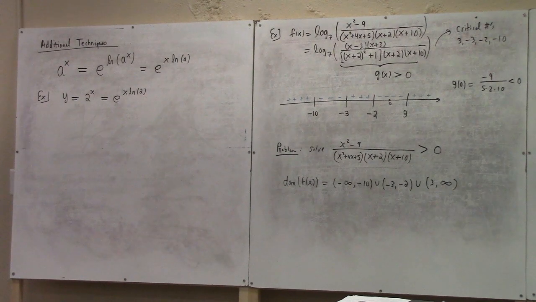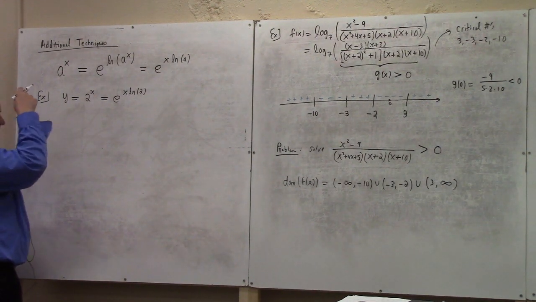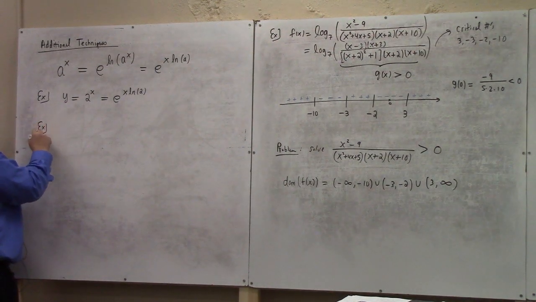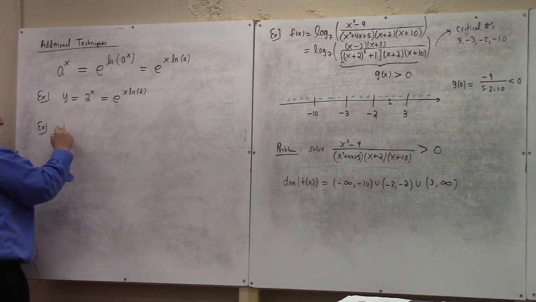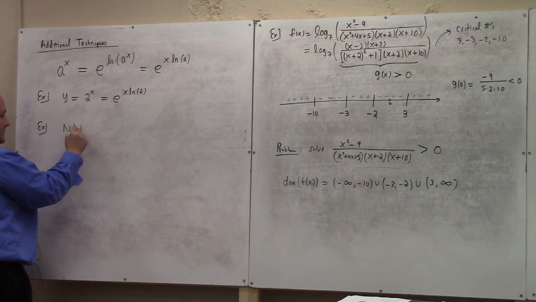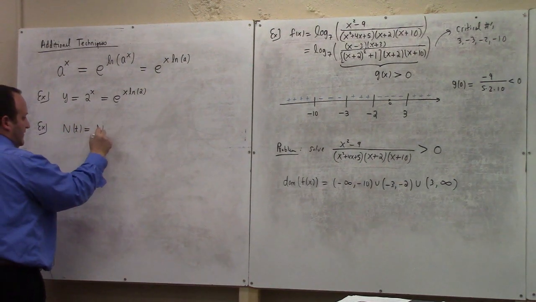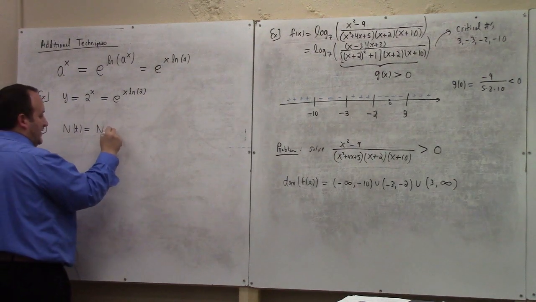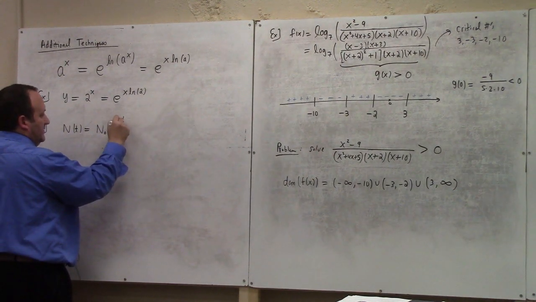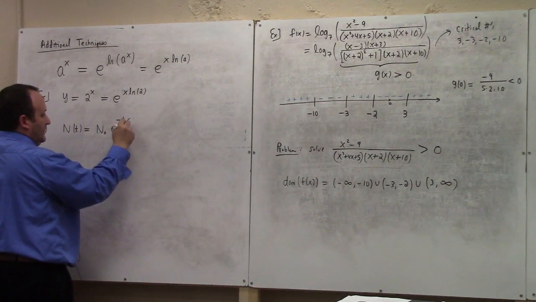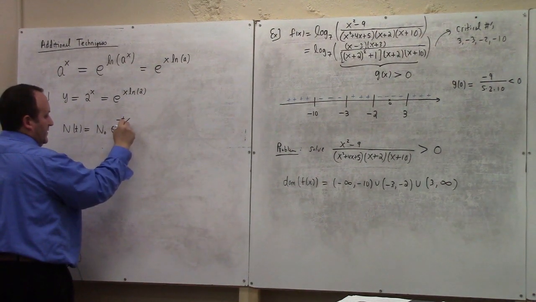Let's see, another example. Sometimes you might find a formula like this: the number of particles at time t is equal to the initial number of particles times the exponential of e to the minus t over what's usually called tau.